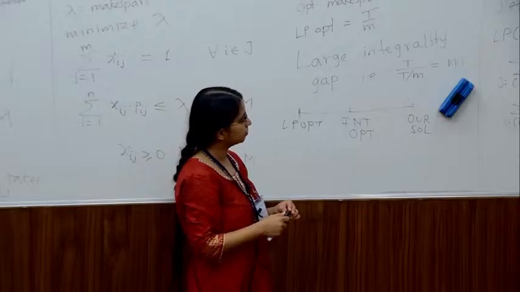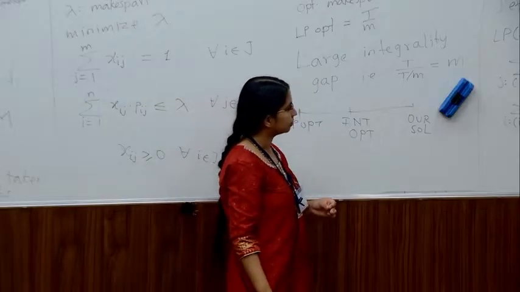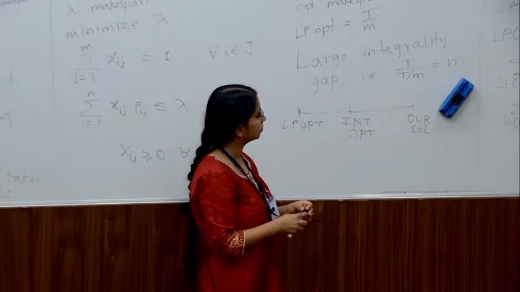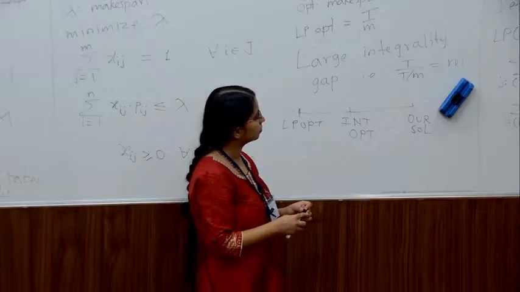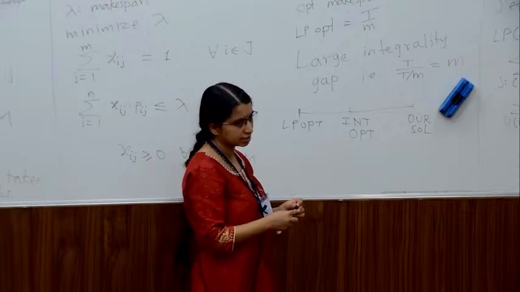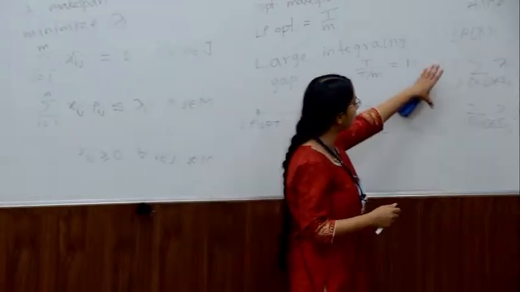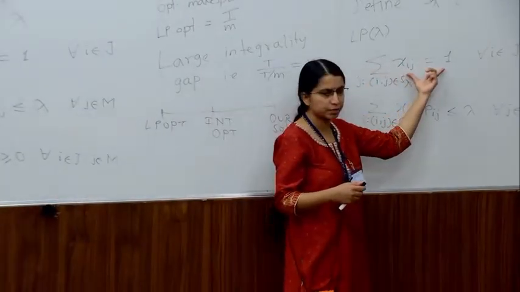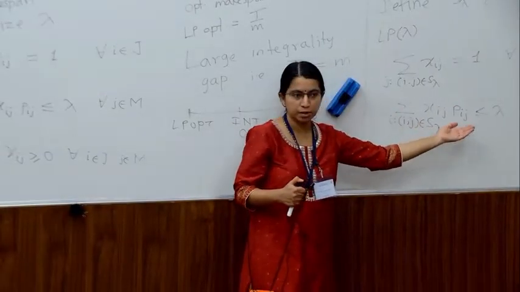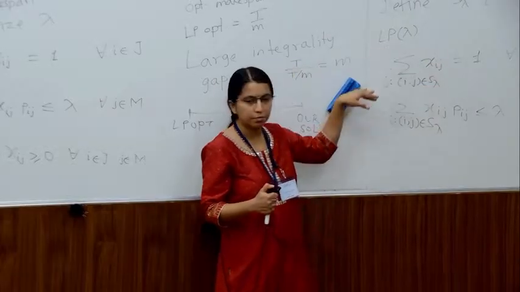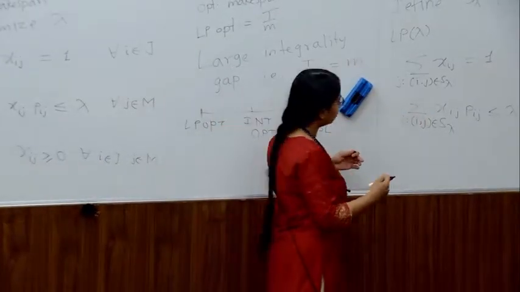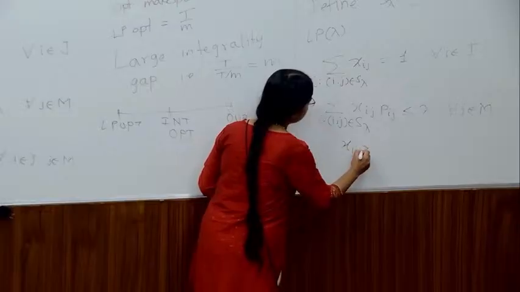If we sum over all the machines for a particular job and a lambda isn't feasible, that is, there exists a job which is not there in S lambda, then the sum won't be 1 for that job. Yes, so the LP will not be feasible because this says that each job should be assigned to some machine, but here this says that the makespan has to be at most lambda. So if both of these cannot be met, then the LP will be infeasible. So if you see, this LP has no objective function. All we are concerned with is whether there is a feasible solution or not.